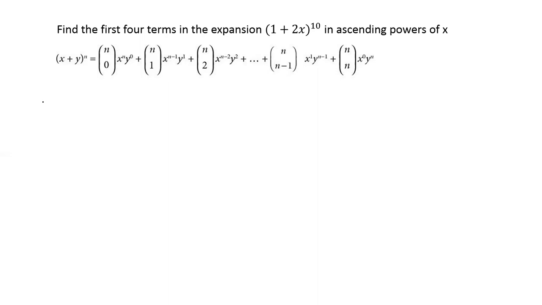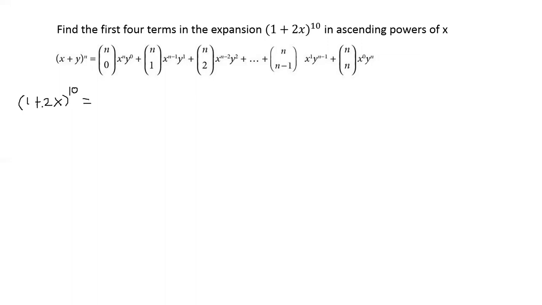Okay. Based on this formula, we're gonna find the first 4 terms, just 4 terms, of this expression (1 + 2x) to the power 10. How do we expand or find the first 4 terms? Pay attention. Like this: (1 + 2x)^10.